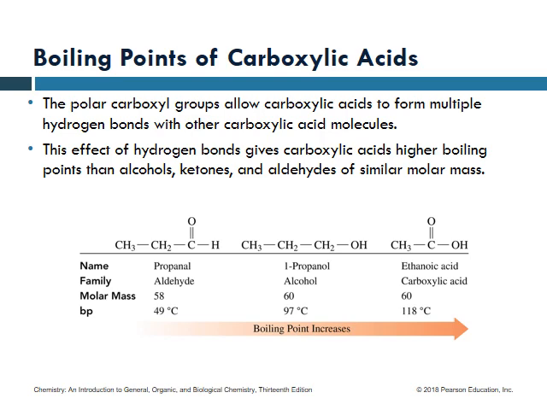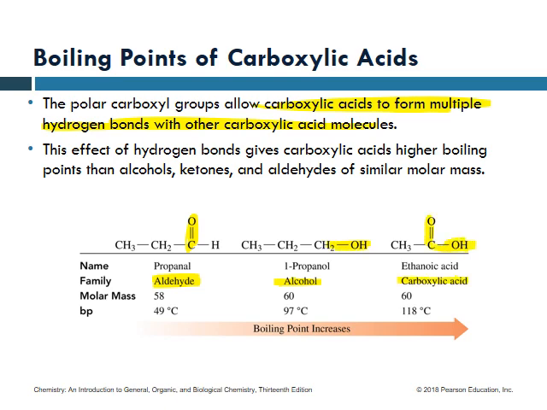But basically, this tells you that this allows the carboxylic acid to form multiple hydrogen bonds with other carboxylic acid molecules. And therefore, their boiling point and melting point would be a lot higher in comparison to aldehydes or alkanes or alcohols. Okay, so if you remember, aldehydes have a carbonyl group, alcohols have a hydroxyl group, carboxylic acids have both the groups.